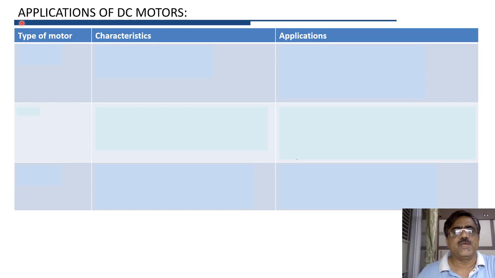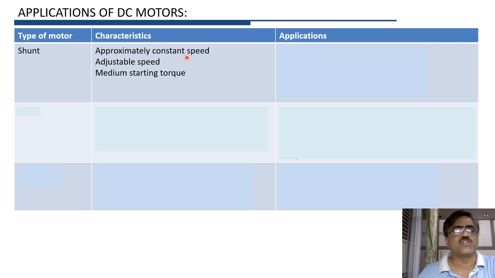Let us now see applications of DC motors. So first type of motor is DC shunt motor. So the characteristics of DC shunt motors. The speed of DC shunt motor is almost constant from no load to full load. Then its speed is adjustable.